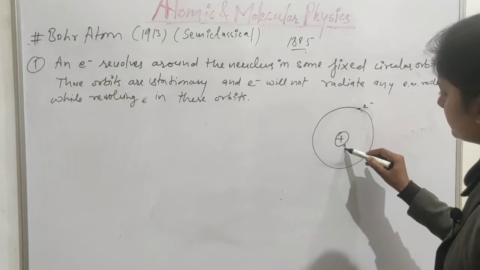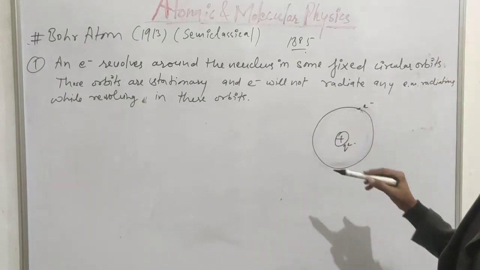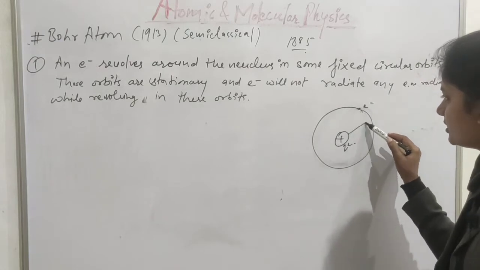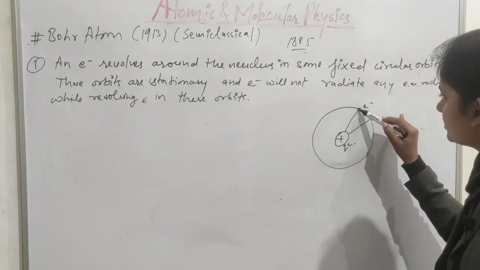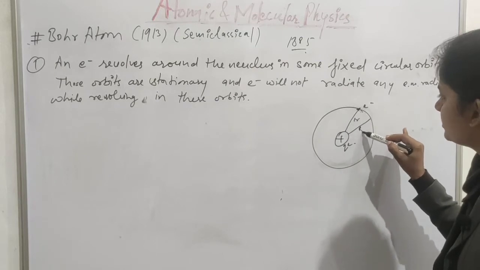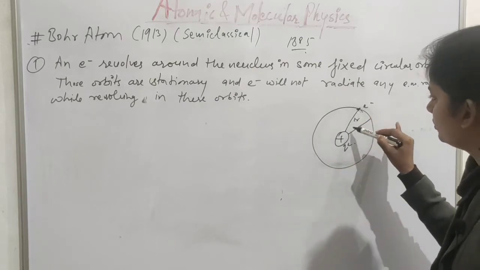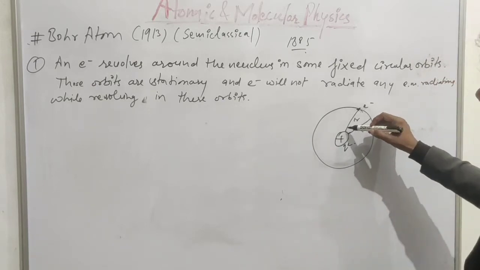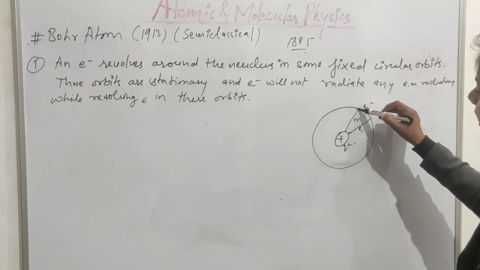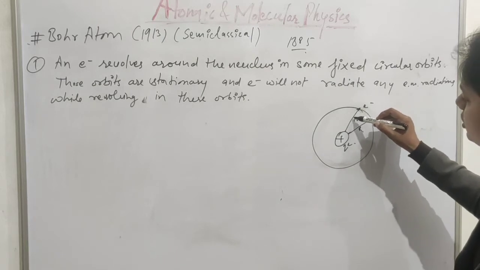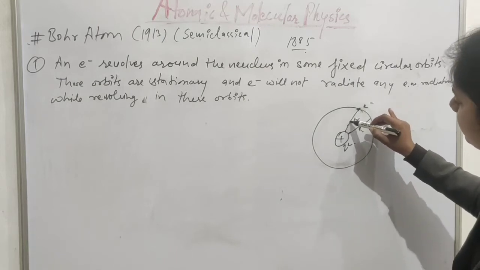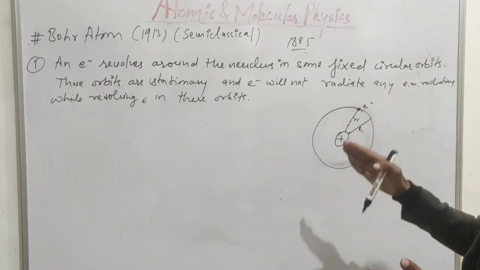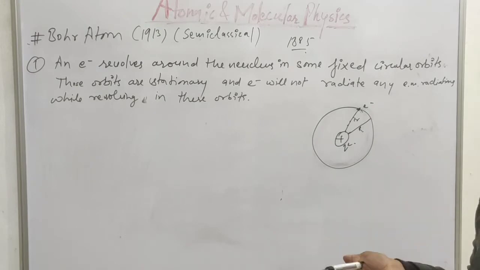Now this is the nucleus and the electron revolves around it in a circular orbit. This is the distance. As this is a circle, the distance is going to be the same everywhere. Classically the electron could be at any position from the nucleus, here, here, anywhere. So classically the radius of the electron's orbit can take any value.